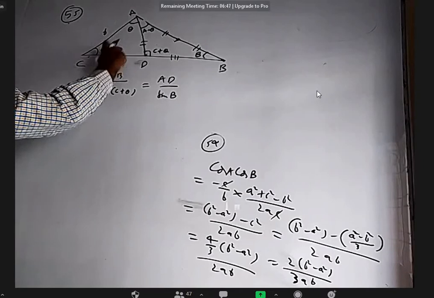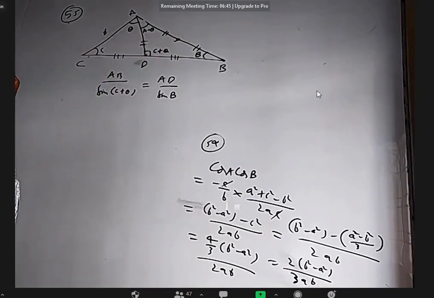Or I might use sine rule here and sine rule here and divide. Just think about it.